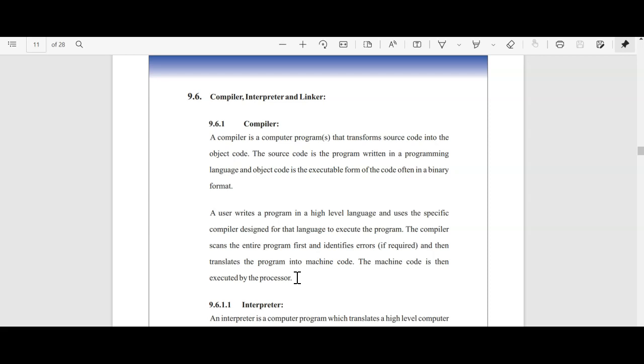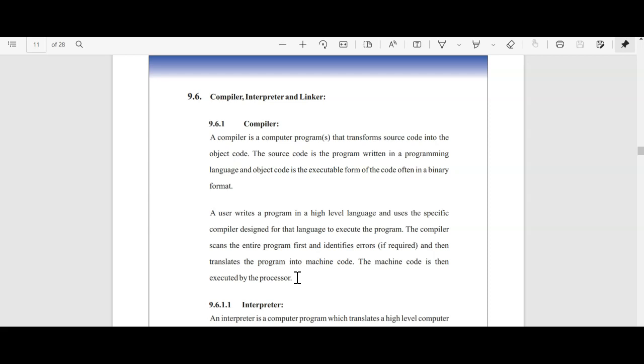So compiler is a guy. For example, we have hired our compiler with us. Who is translating our English or Urdu language into Chinese? And how is he translating our language? Like we talked the whole paragraph in Urdu, and that compiler translated the whole paragraph, the whole program, into Chinese.